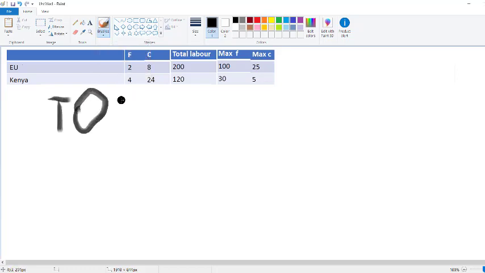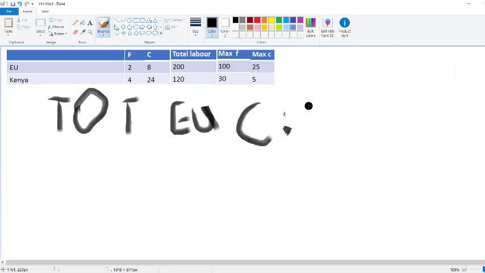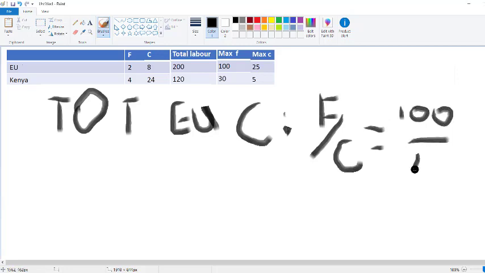So terms of trade for EU with respect to chemicals would just be food over chemicals. This is a bit different from this table. In this table, when you wanted to work out the terms of trade, it was the other way around. But once you take into consideration the maximums, it's easy to do it this way. So that's 100 food you must sacrifice to produce those 25 chemicals.